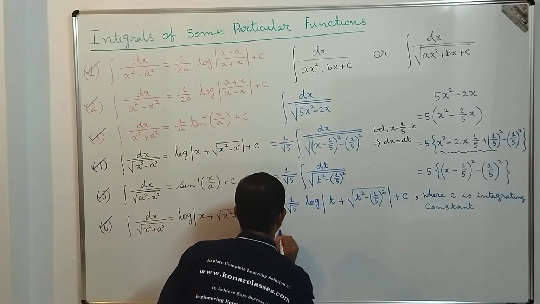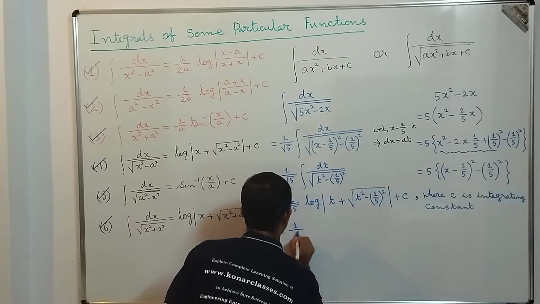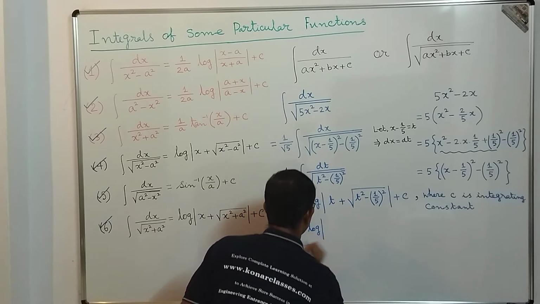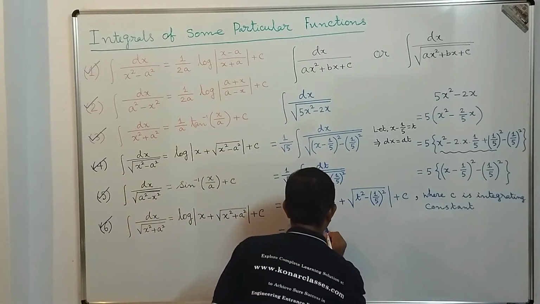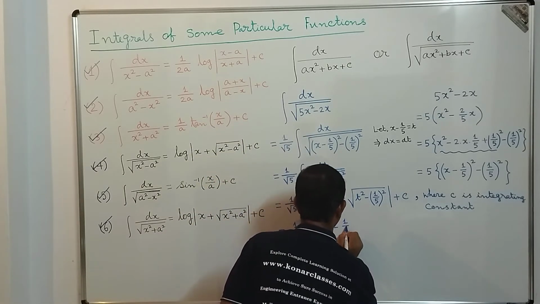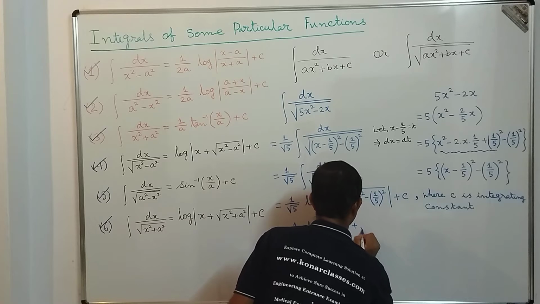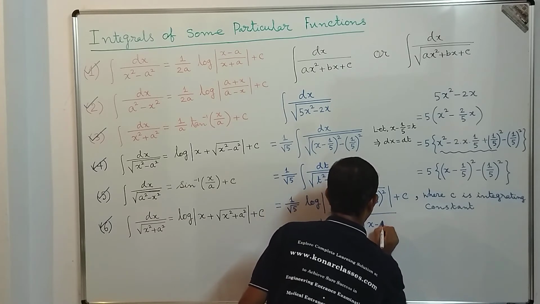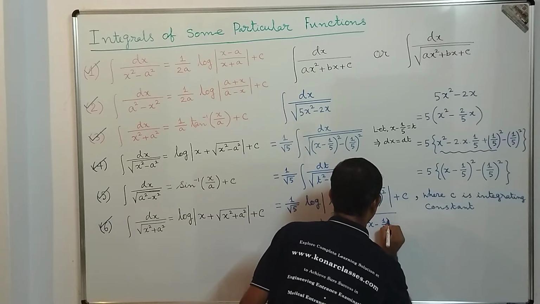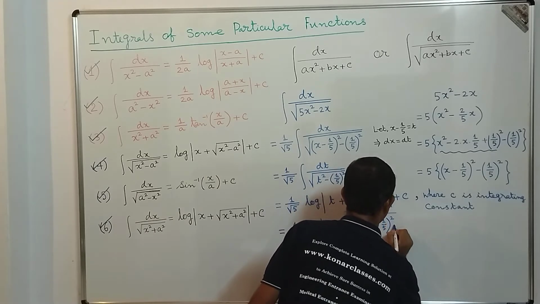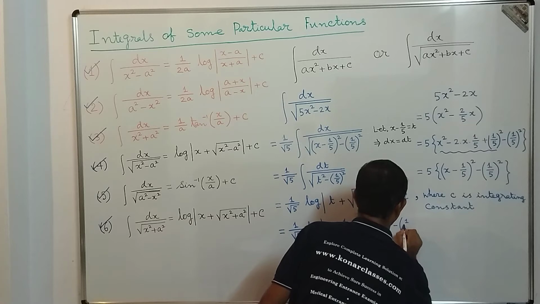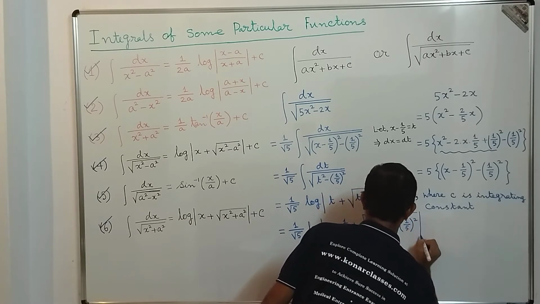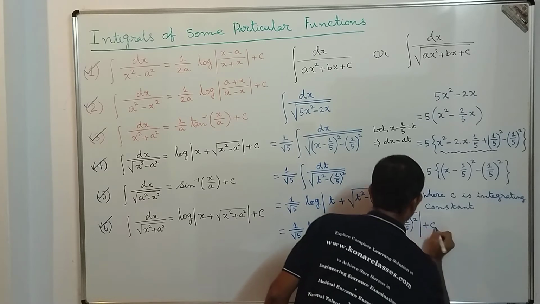So we get 1 by square root of 5 into log mod of t, that is x minus 1 by 5, plus square root of (x minus 1 by 5) whole square minus (1 by 5) whole square, that mod is complete, plus c.